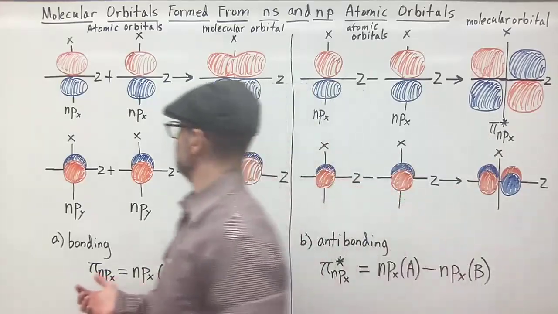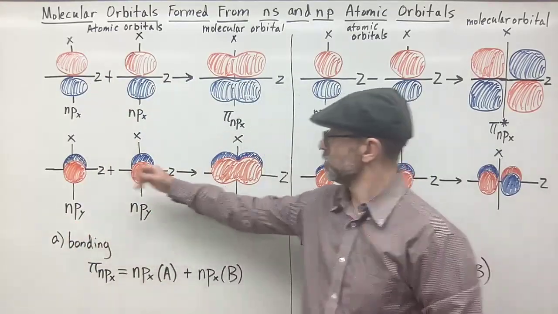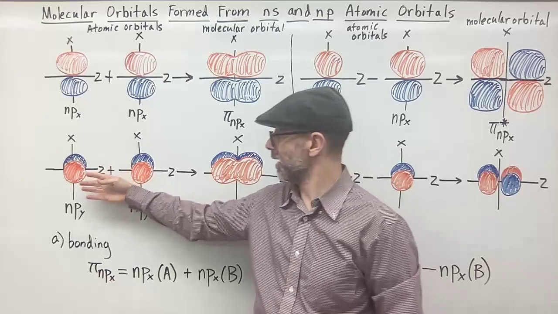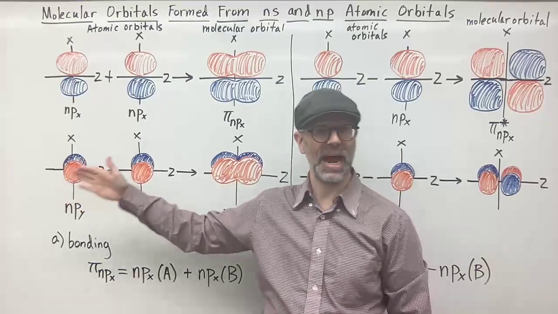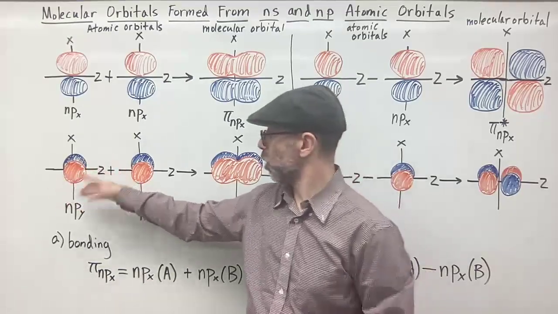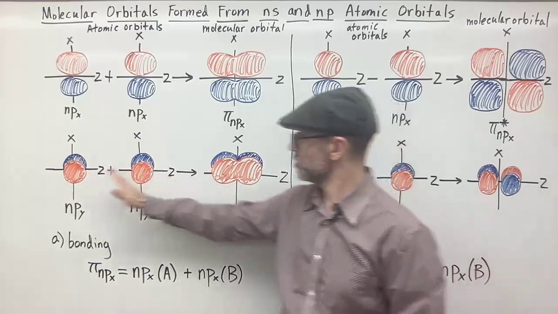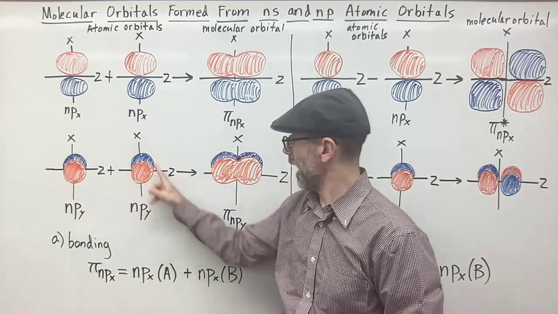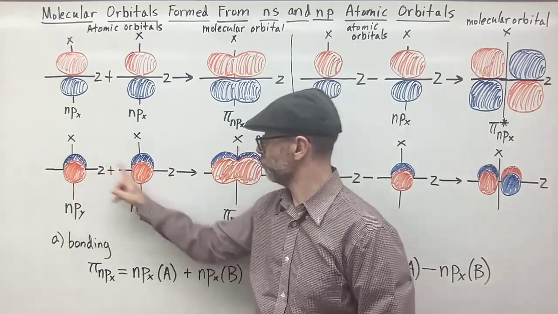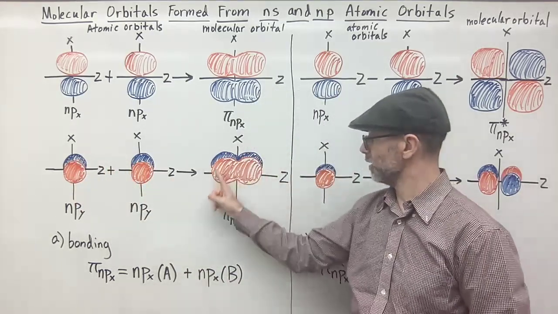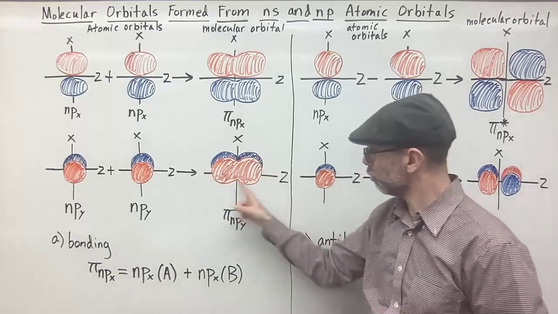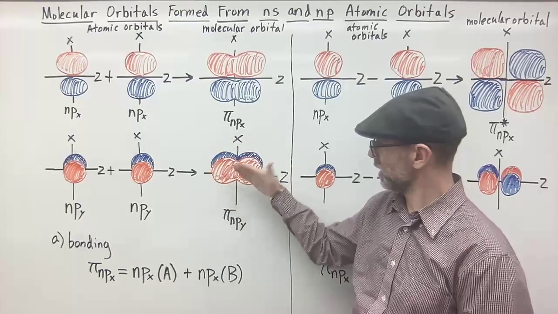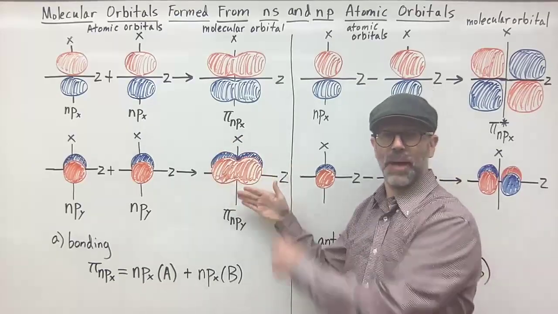And again, you have the exact same thing with the py. Notice that the orbital here is on the y-axis, so the y-axis is coming in and out of the board, perpendicular to the board. If you have positive adding to positive, constructively interfering, you'll get this cylindrical electron probability density in the front and in the back.